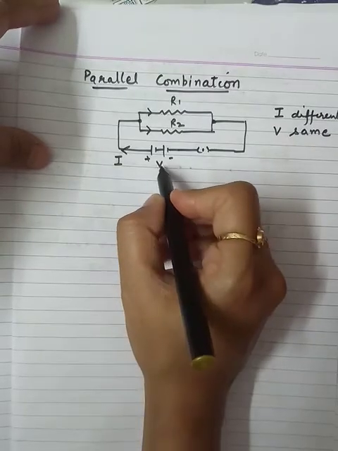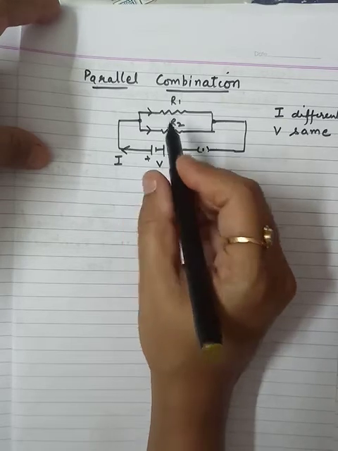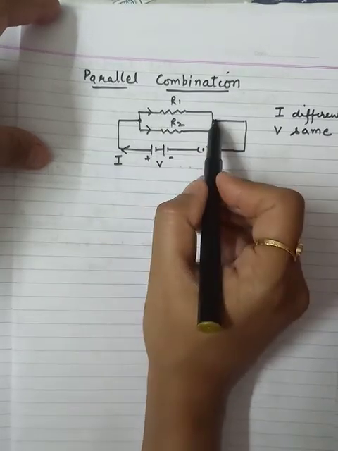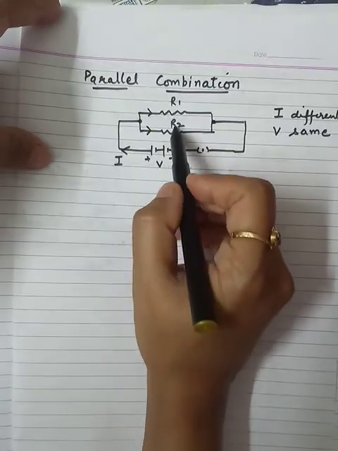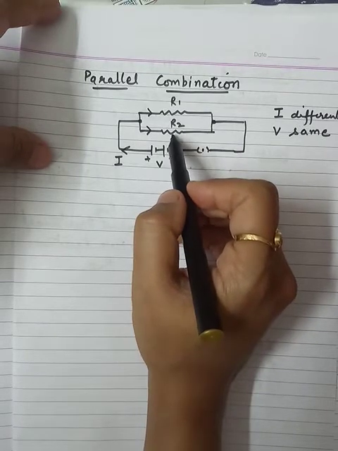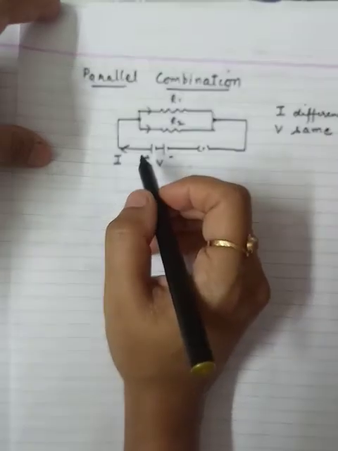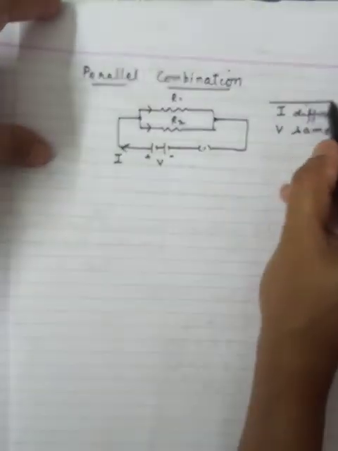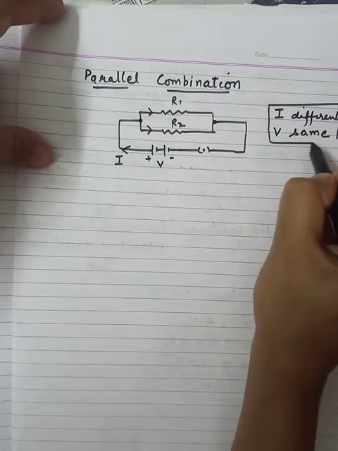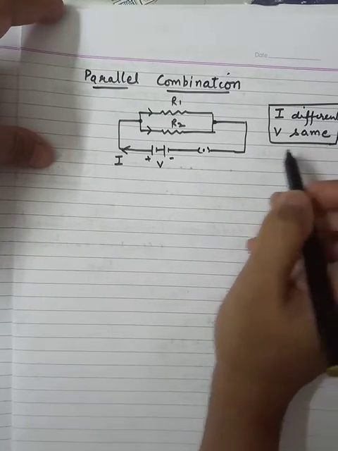Potential difference is measured across the 2 points, so these 2 points are the same for R1 and R2, across which potential difference can be measured, right? Now these two concepts are important for the case of parallel combination.